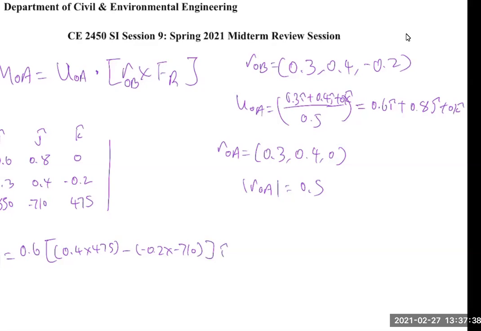This is I. And then a negative sign in front of J. It's 0.8, 0.3 multiplied by 475 minus negative 0.2 multiplied by 850. And then plus 0 for K.